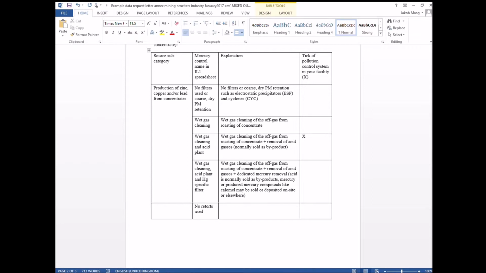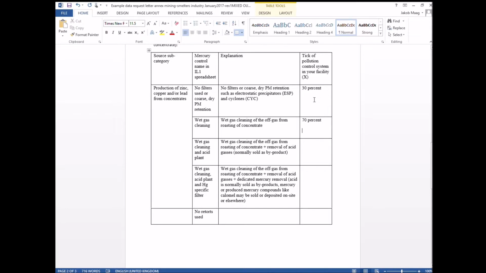So we tick off that one instead. Hopefully, if they had several production lines, they might write here 30% in this configuration, and maybe the rest, 70% here.